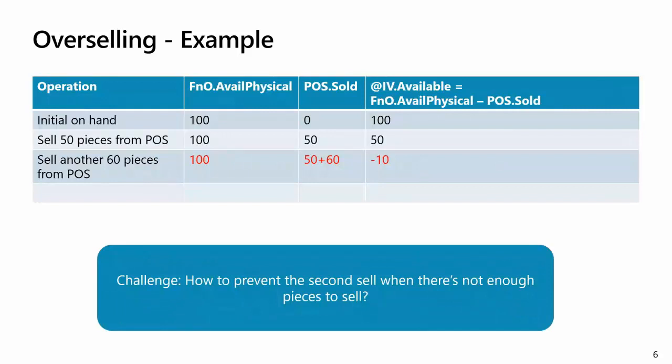In the last Tech Talk session, handling inventory updates from multiple data sources, you already learned that once you set up the calculated measure correctly in Inventory Visibility, you can obtain a more accurate inventory snapshot than any other individual system in your landscape. For example, initial on hand is 100, as recorded in Dynamics 365 SCM, as stated in data source F&O here, and 50 pieces are sold from the point of sales system.